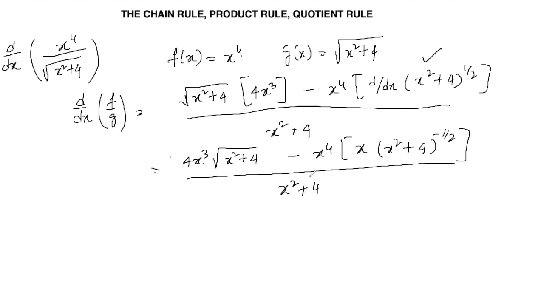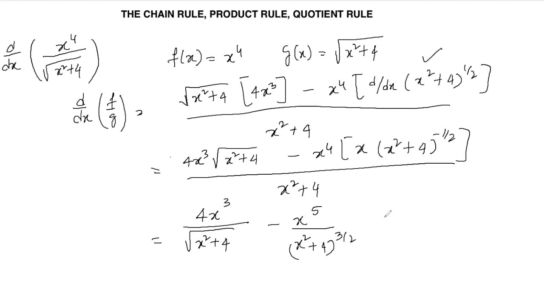After simplifying this and separating all the terms, the numerator can be separated: 4x cube by root x square plus 4, minus x power 5 divided by x square plus 4 to the power of 3 by 2.